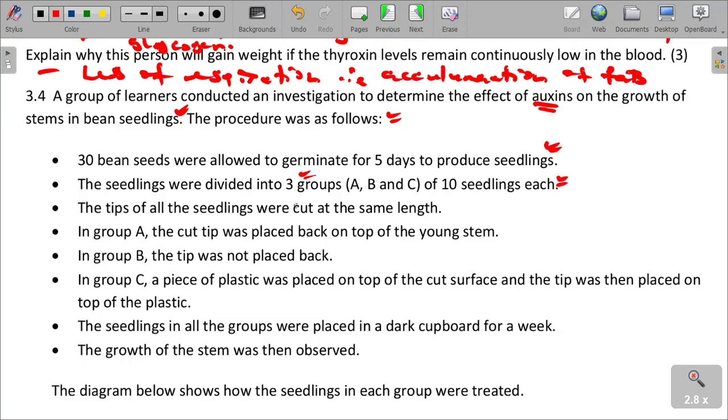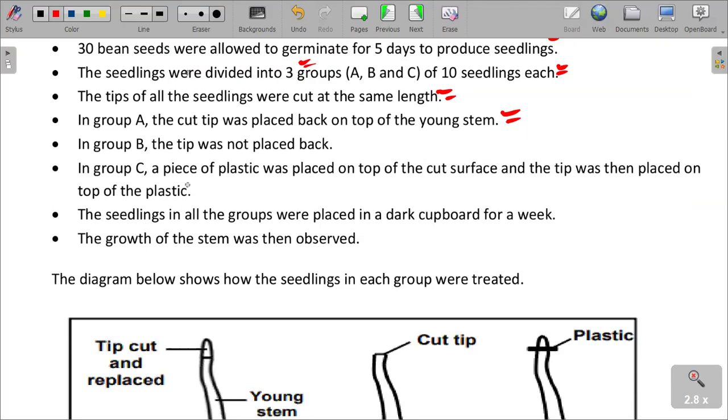The tips of all the seedlings were cut at the same length. In group A, the cut tip was placed back on top of the young stem, and in B, the tip was not placed back. So it was cut and replaced on A, and B was not replaced.